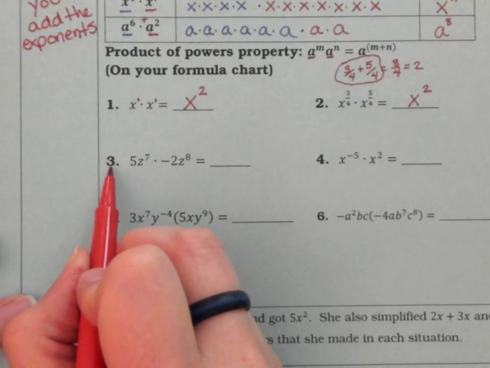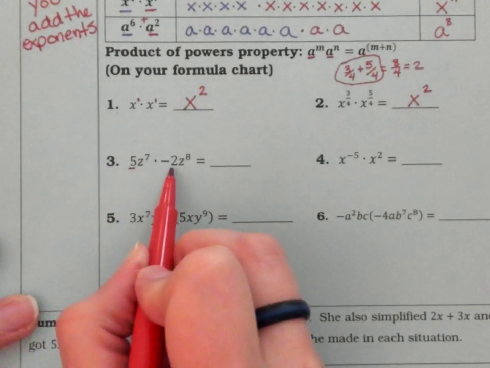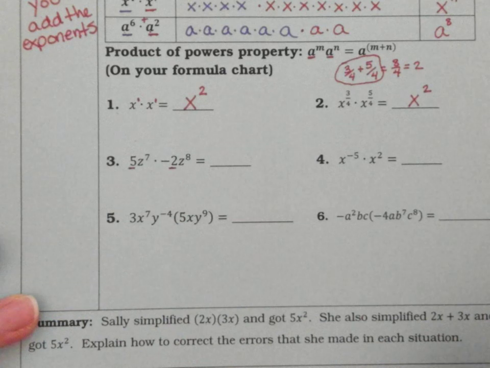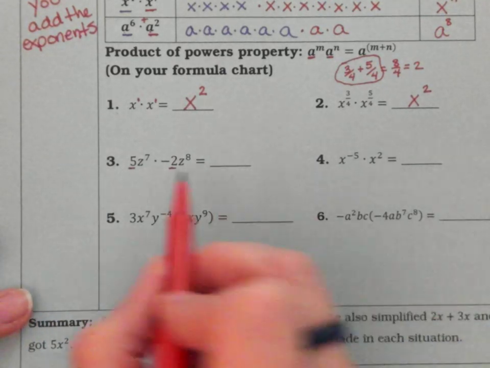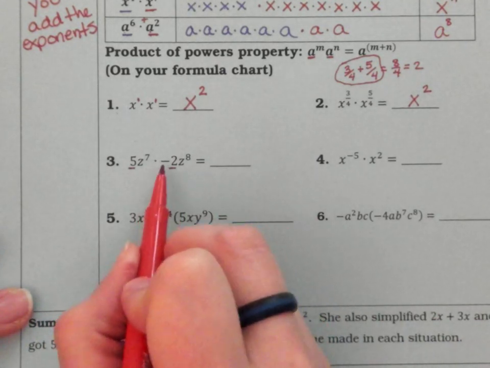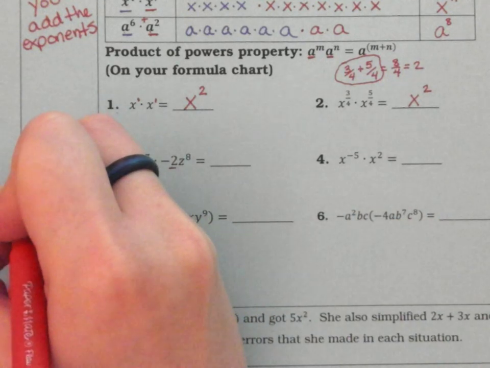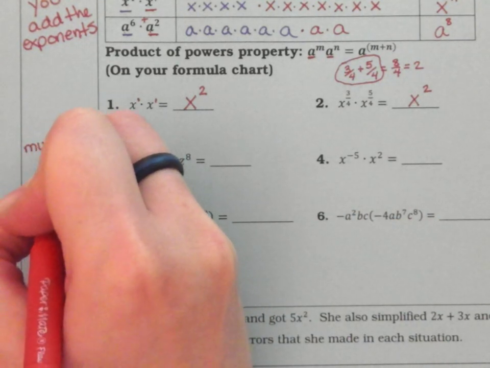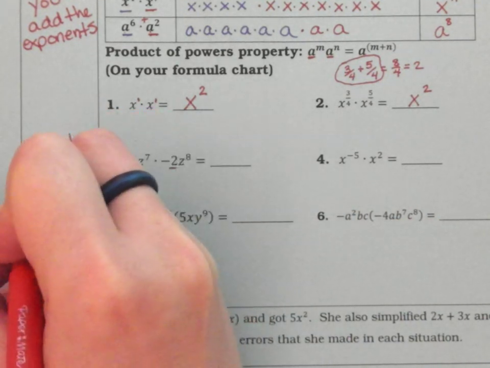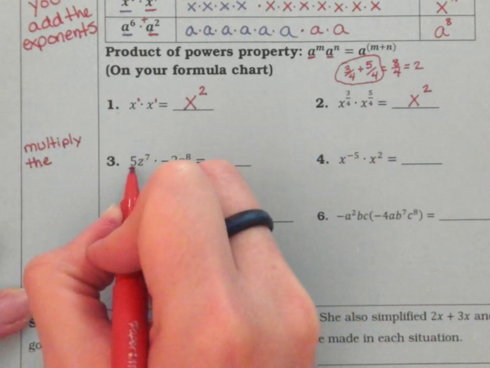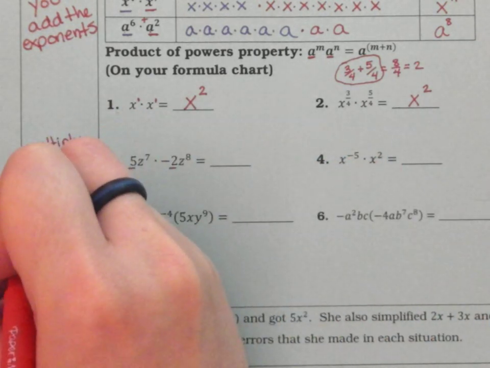Then when we get to number 3, we now have a number out in front. That number out in front is your coefficient. So for these examples here, we are going to multiply the coefficient, just like it says, 5 times -2.